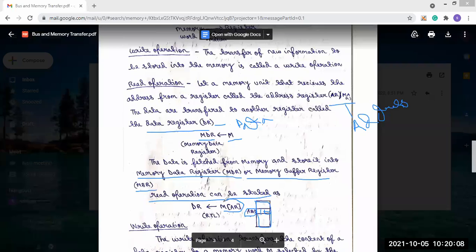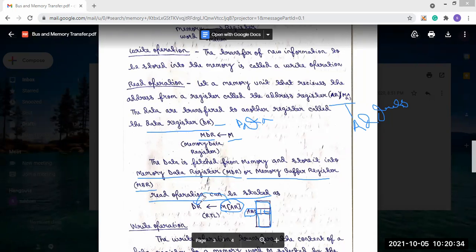So the memory address register is holding a particular address, and the data stored at this particular address will be moved to the data register.